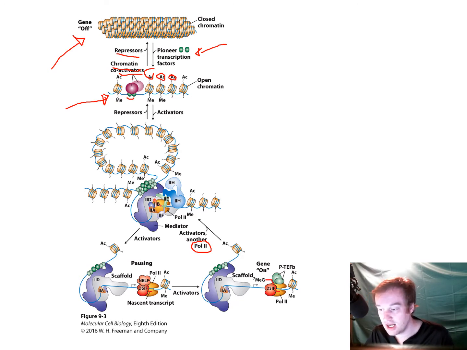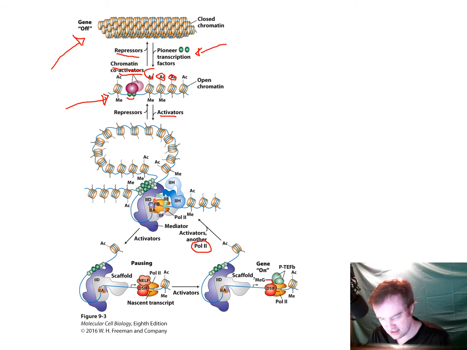And so once that occurs, we have activator proteins right here. The activator proteins bind to a specific transcription control element in both the proximal promoter sites, so real close to the promoter, as well as very distant sites.